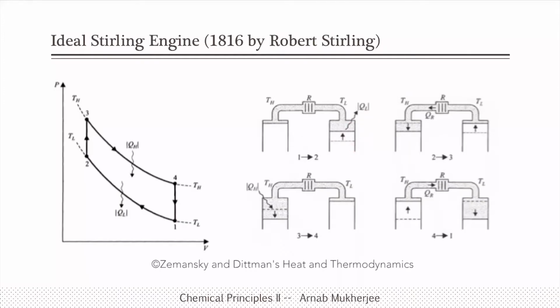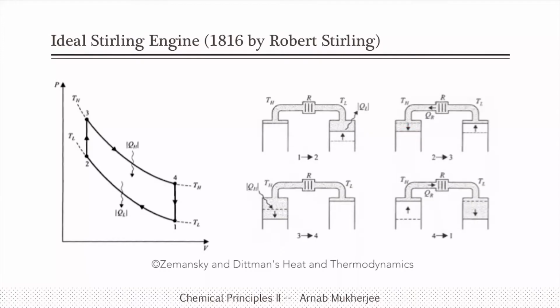Then it comes to point 2, where the gas is now in contact with the high temperature reservoir. Earlier the gas was mostly in contact with the low temperature reservoir, and it shrank in an isothermal manner, releasing heat.